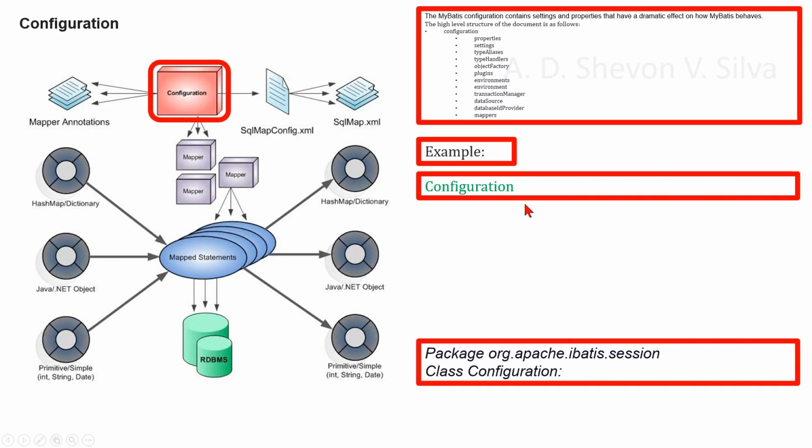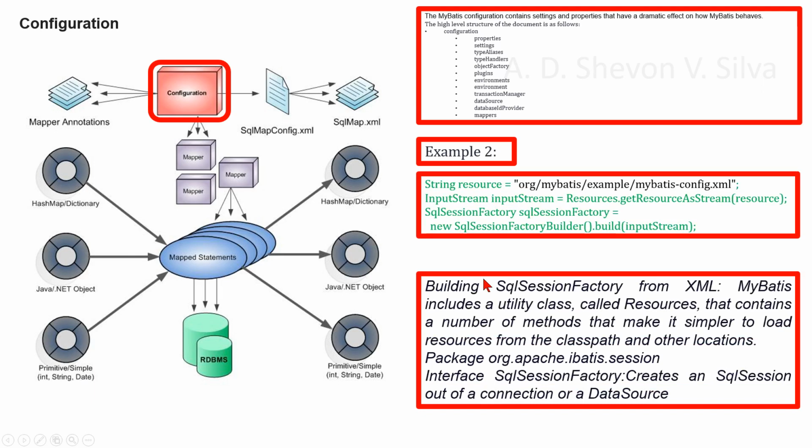As an example, we can consider the class configuration. This is in the package org.apache.ibatis.session. Here we are considering building a SQL session factory from XML.